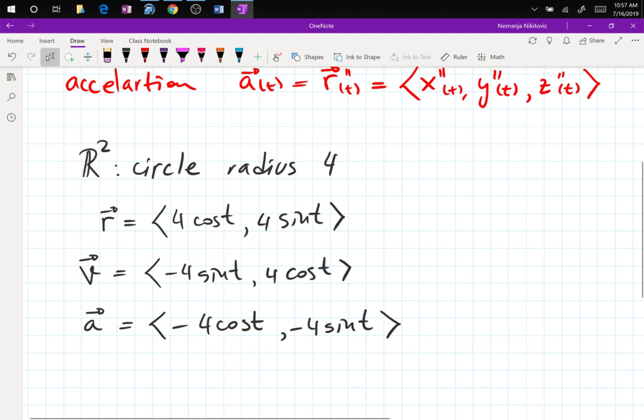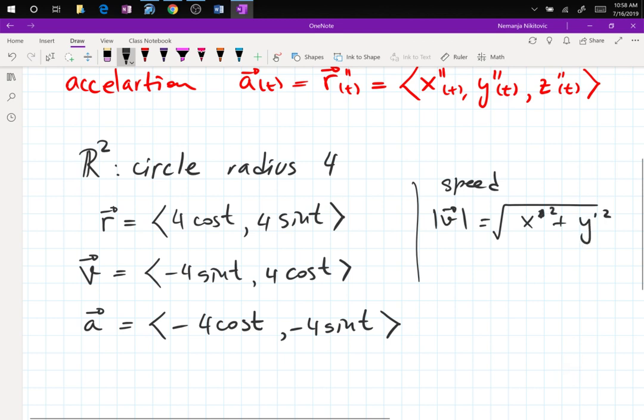We also can calculate the speed. We can do it here on the side. So speed would be the magnitude of velocity. We only have two components to deal with. So we only have to do x prime squared plus y prime squared. It's from velocity.